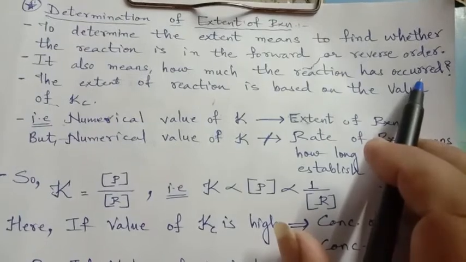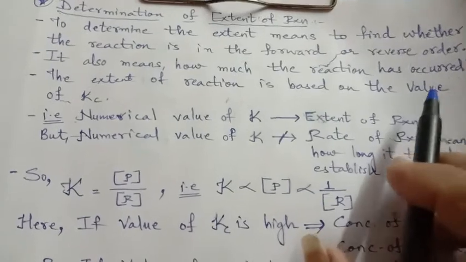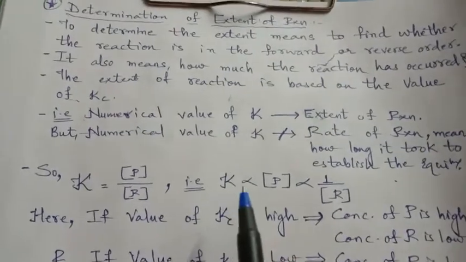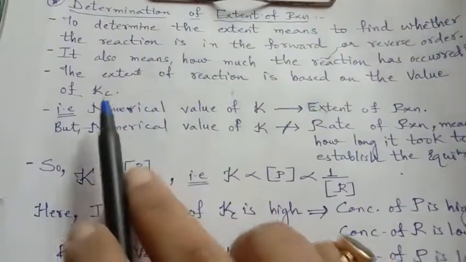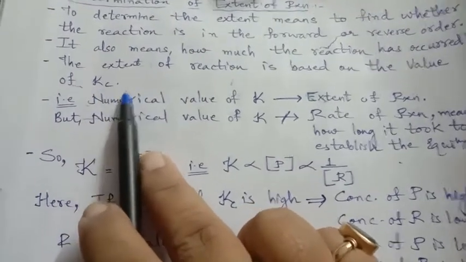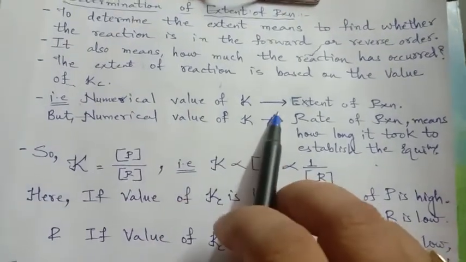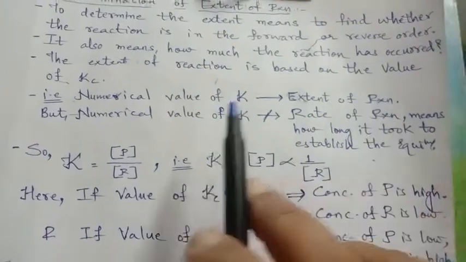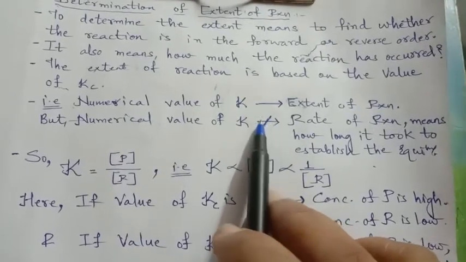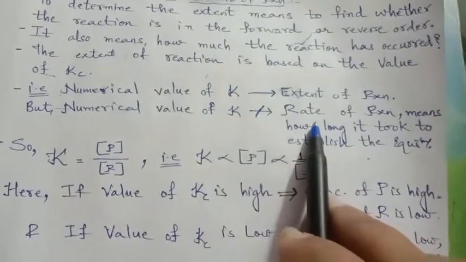It means what amount of reactants has reacted and what amount of product has been produced. So this extent of reaction is based on the value of Kc, the equilibrium constant of concentration. That is, the numerical value of K gives the idea of extent of reaction, but it will not give the idea of rate of reaction.